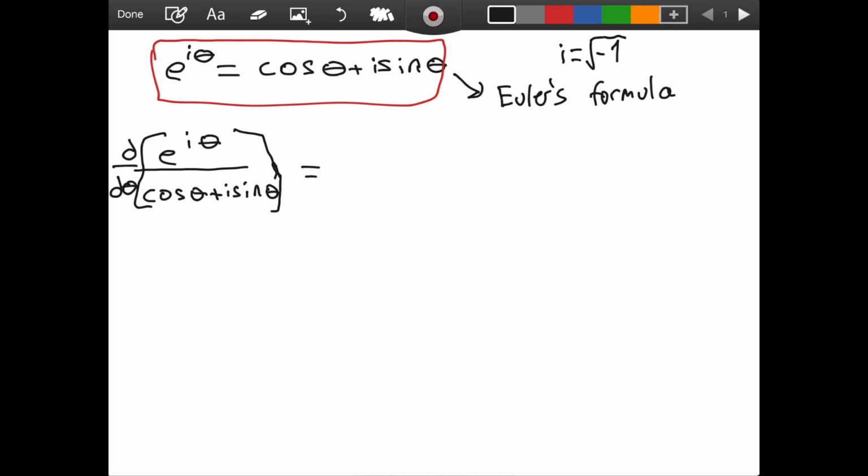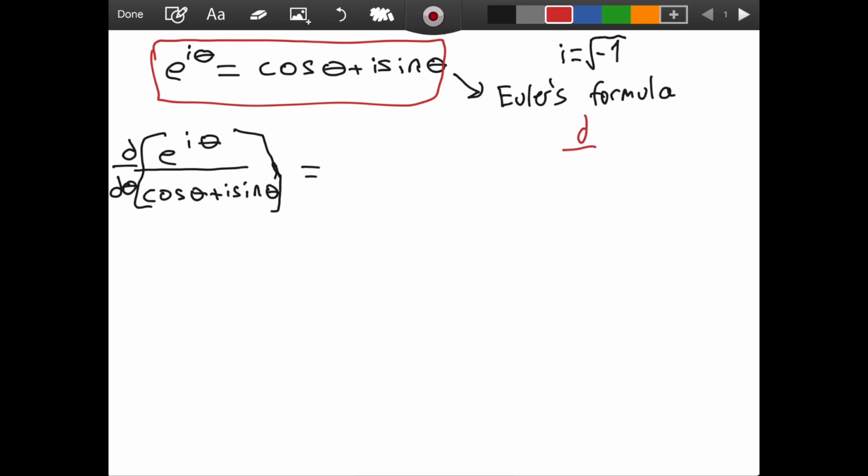And here we go. To take the derivative of a quotient, as I proved, you first take the derivative of what is in the numerator. So what is the derivative with respect to theta of e raised to the power of i theta? Well, let's work on it here in red.